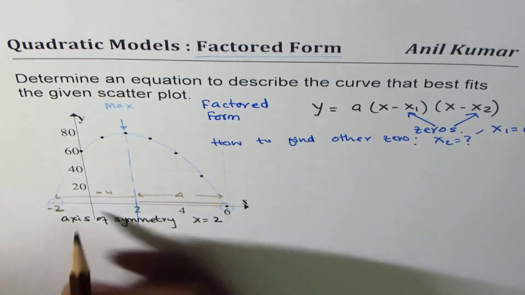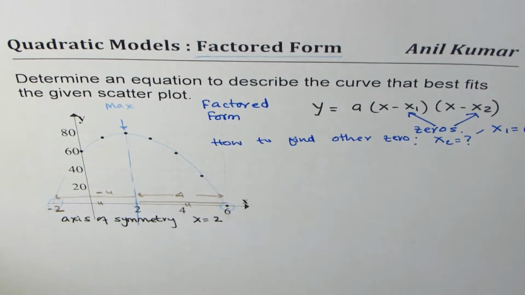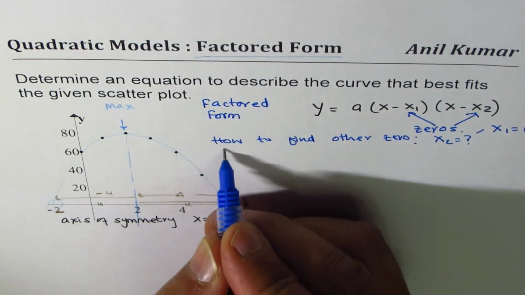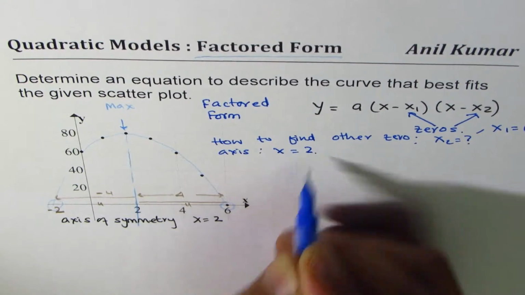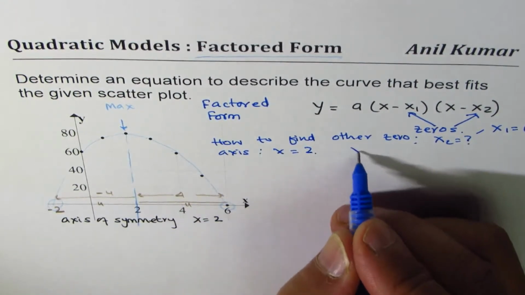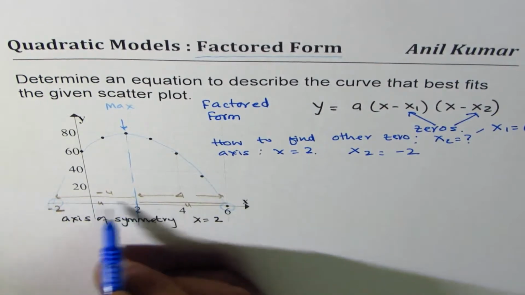Do you get an idea, since these two lengths should be equal? So that is how we can find the other zero. Again, we have the axis of symmetry, which is x equals 2, and from here, we get x2 as minus 2, because they have to be the same distance apart.